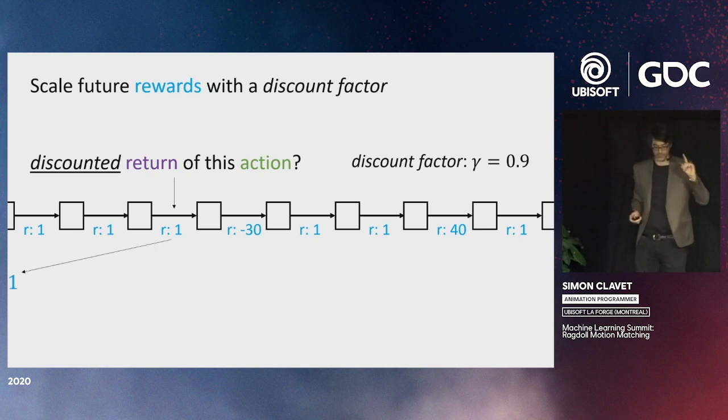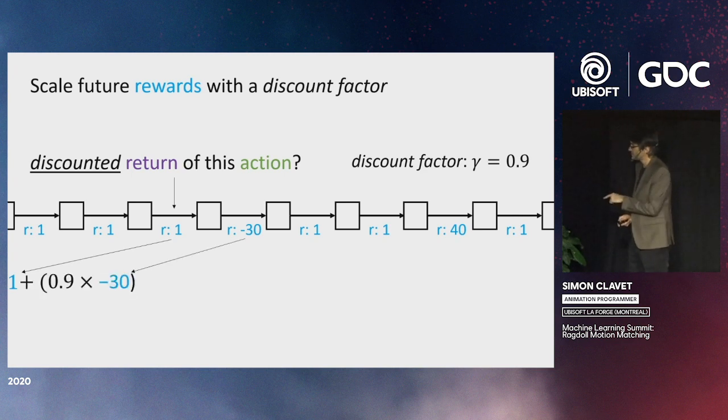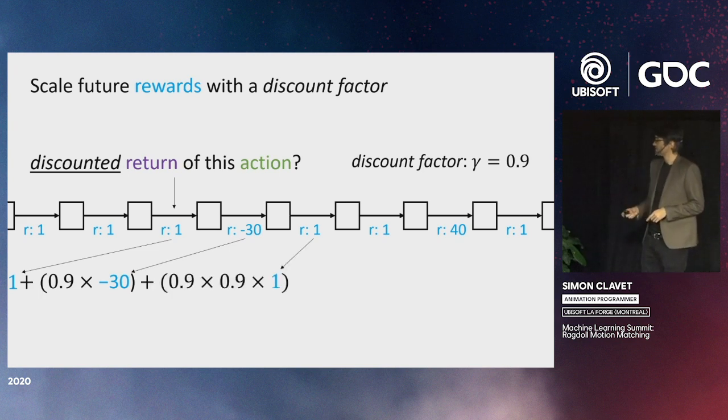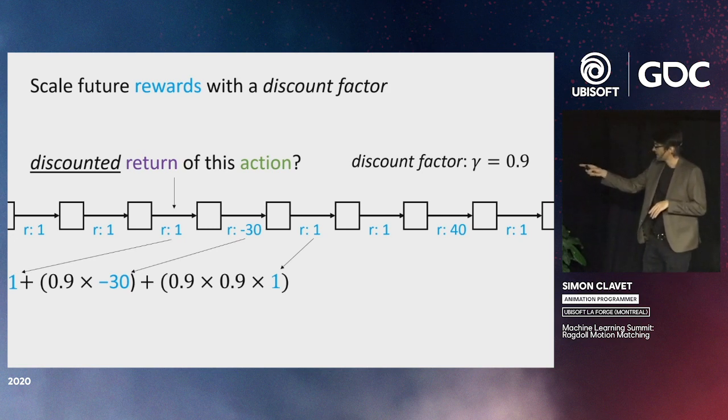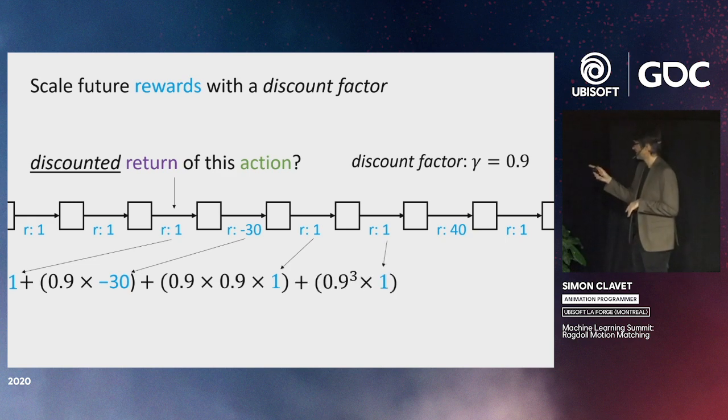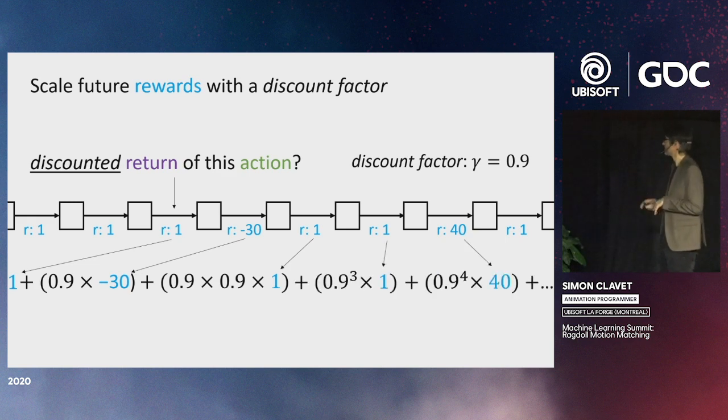The first reward doesn't get discounted. The second one in the future, this minus 30, we're going to multiply it with 0.9. And the next one, multiply it by 0.9 times 0.9. See, if you go further and further in the future, you're going to multiply it by a smaller and smaller number. See, to the 3 here, and continue to the 4.